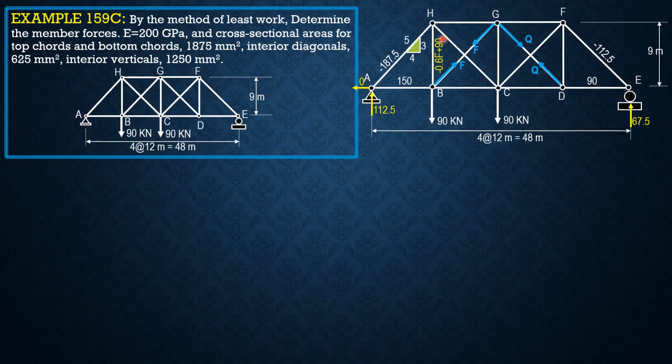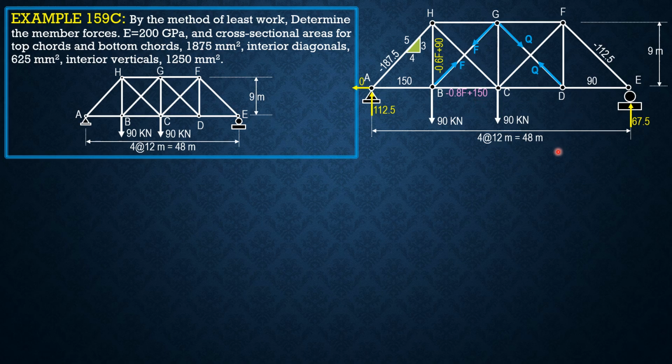I colored it with yellow because vertical members have different cross-sectional areas. For the diagonals, let's have blue. Then summation of forces horizontal, you can solve BC: negative 0.8 F plus 150. So this is the color for top chord and bottom chord members.